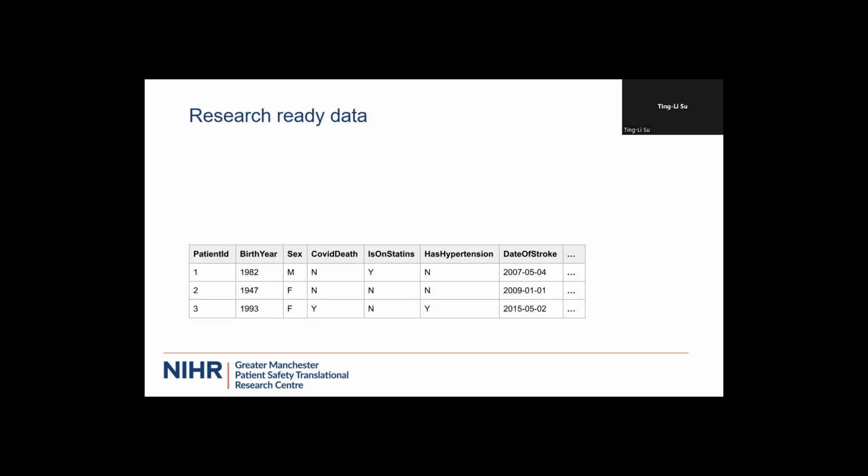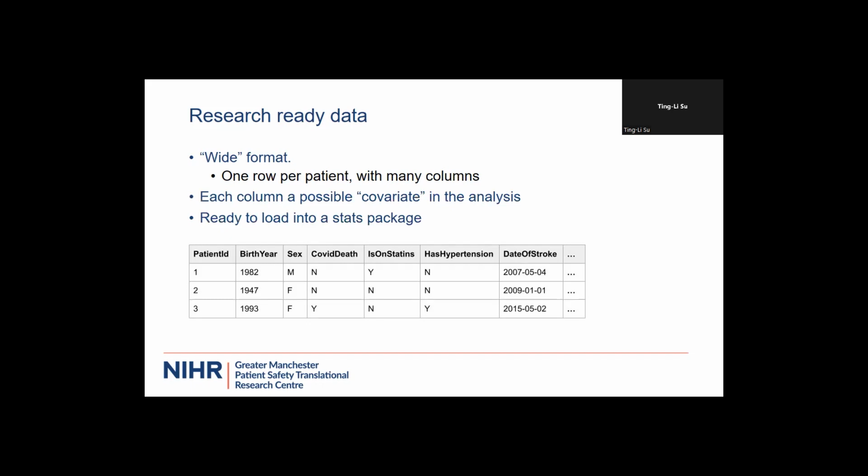Research-ready data, on the other hand, is typically what I guess you'd call a wide format. So you would have 1 row per patient and multiple columns. If you want to add more data to this, you add more columns, whereas in the previous one, it was long, so adding more data involved adding more rows. Each column would then potentially be a covariate in some sort of regression analysis.